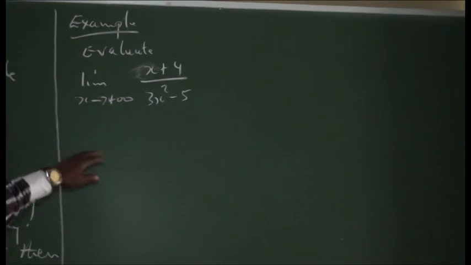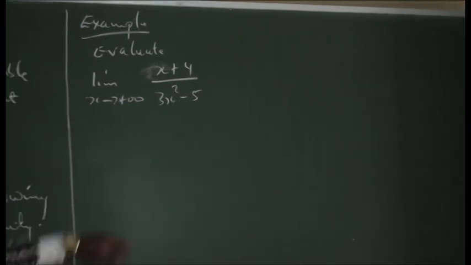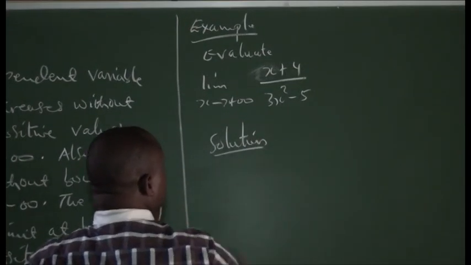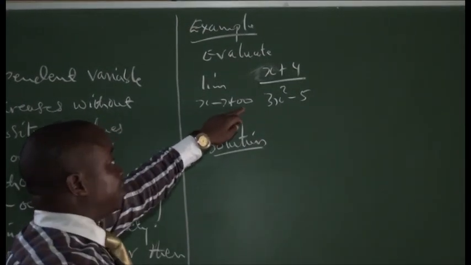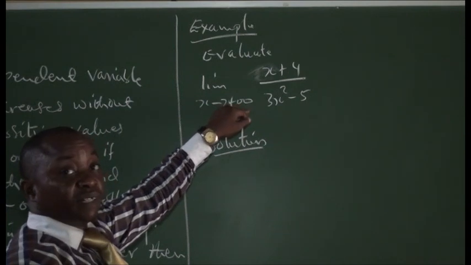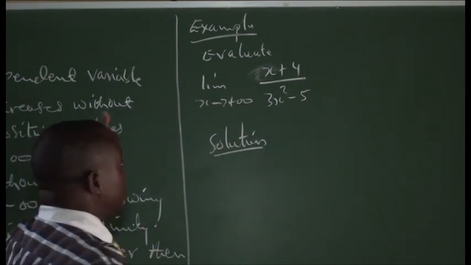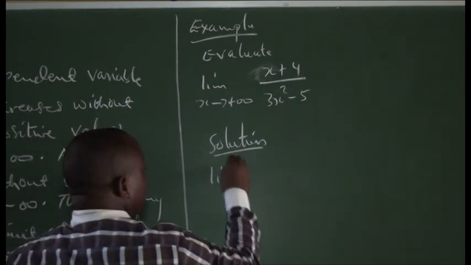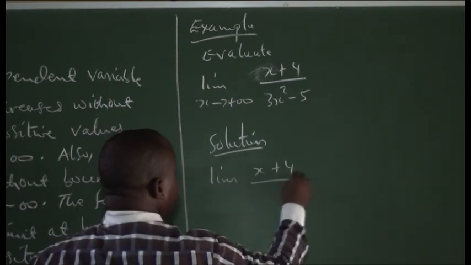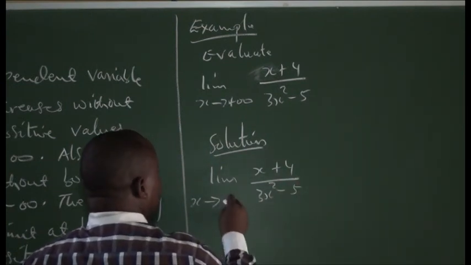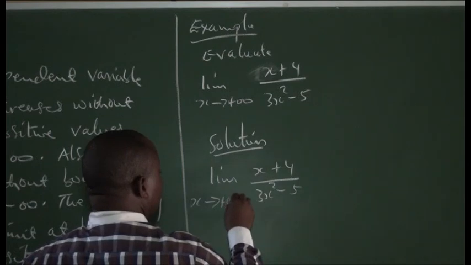All right, for instance, we are going to evaluate it in this way. Notice that x is approaching infinity. It's not approaching a definite value. It does not have a particular value like other ones we are doing. So here we have the limiting value of x plus 4 over 3x squared minus 5 as x approaches infinity.